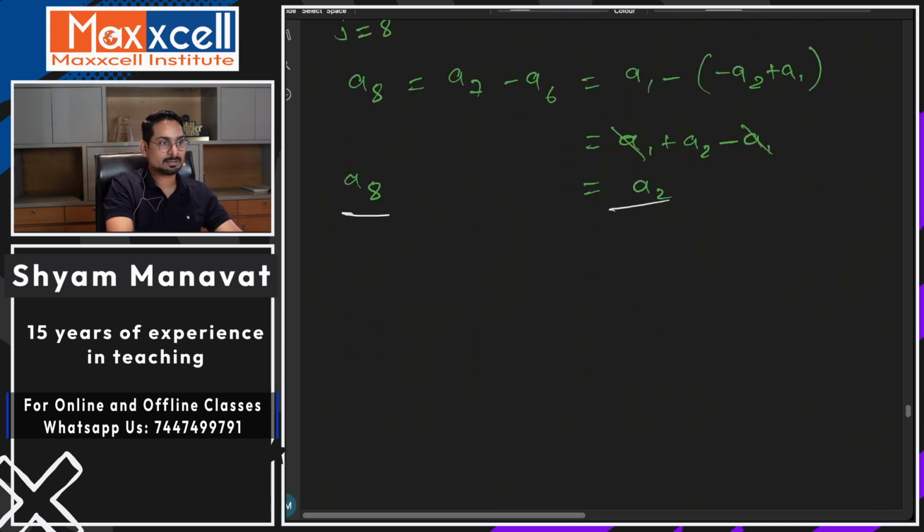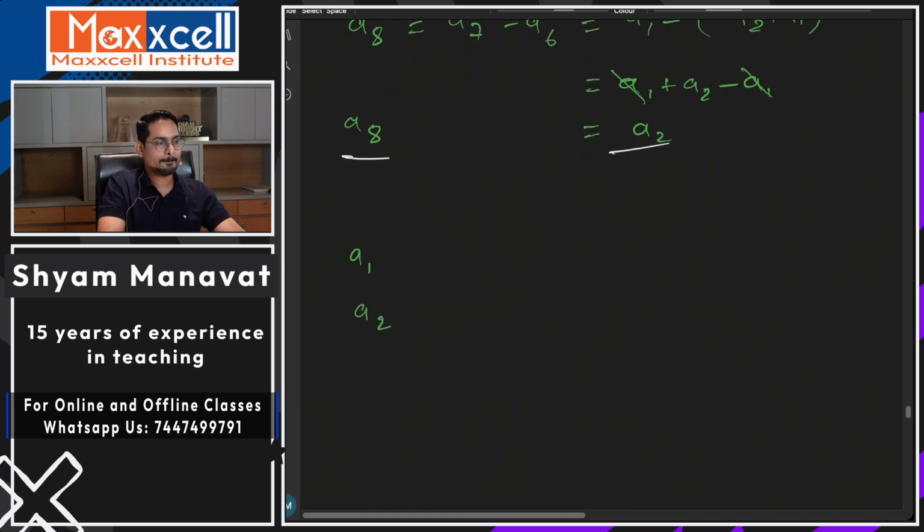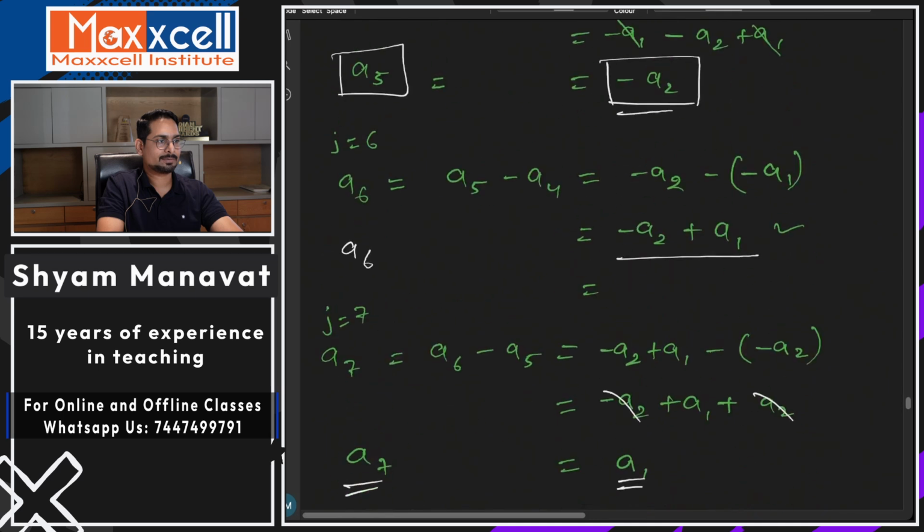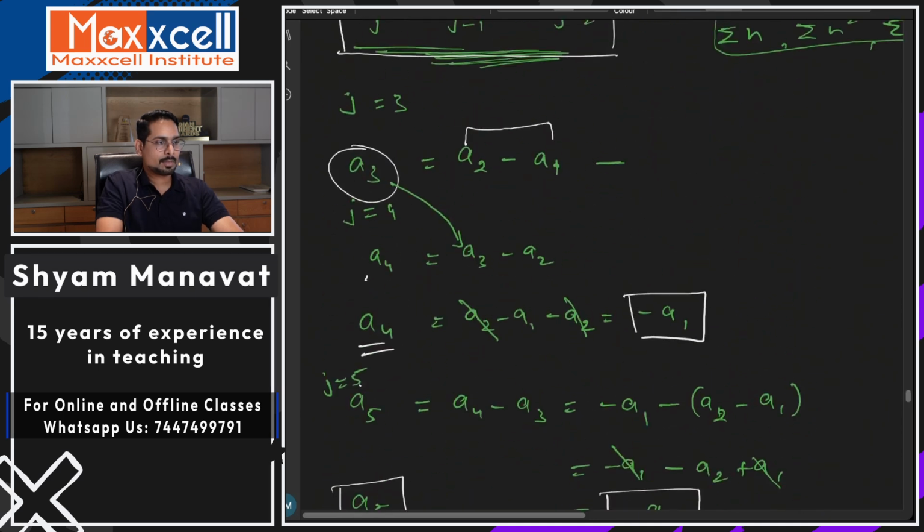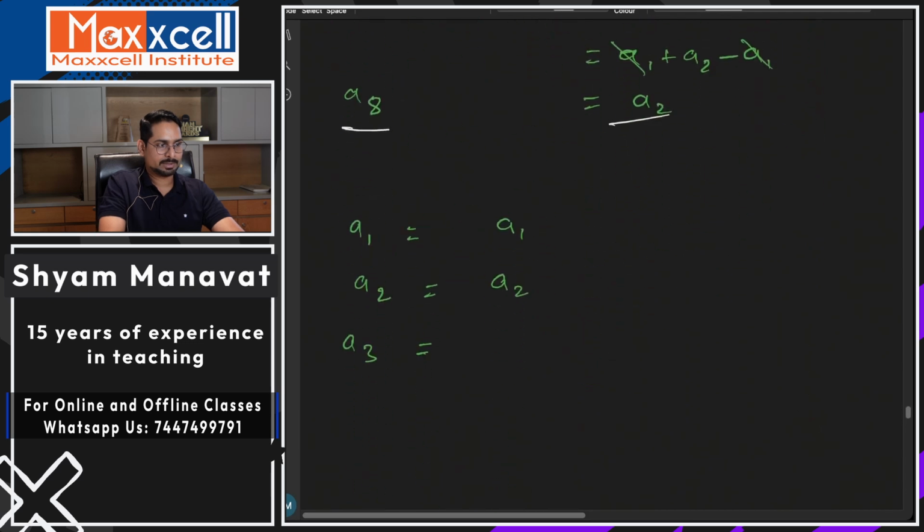Do you see that? Do you want me to write this and show you? A1 is A1. A2 is A2. A3 is, look at that. A3 is A2 minus A1. This will come from the formula, from the given rule.